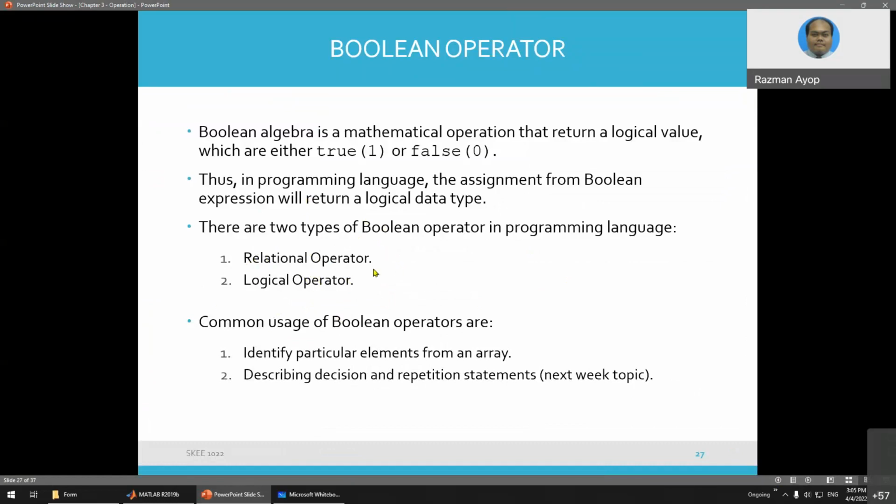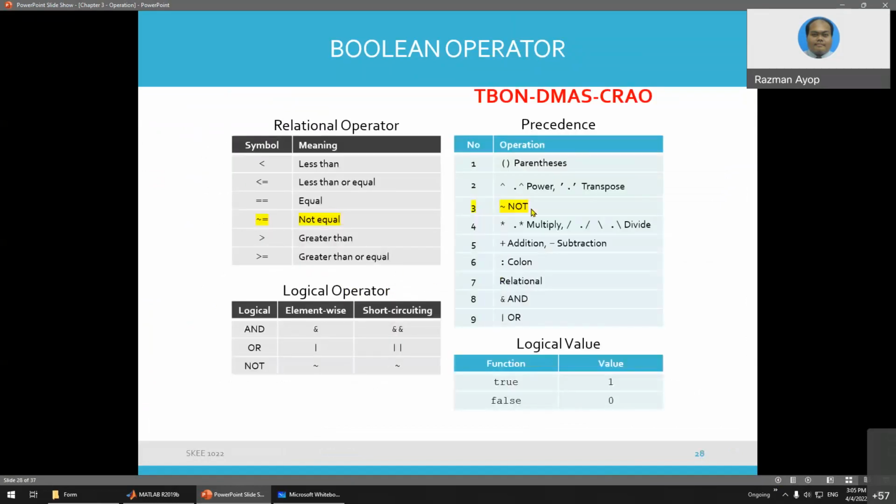Okay, so what is relational and logical? So you can see here the relational operation is basically less than, more than, or equals to, not equals to, greater than or equal to. Okay, so make sure you know the difference. So for equals, make sure you put double.